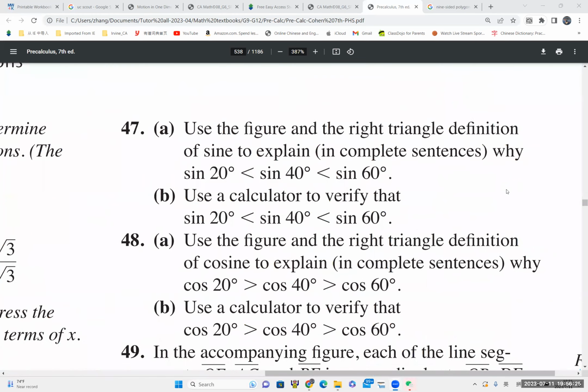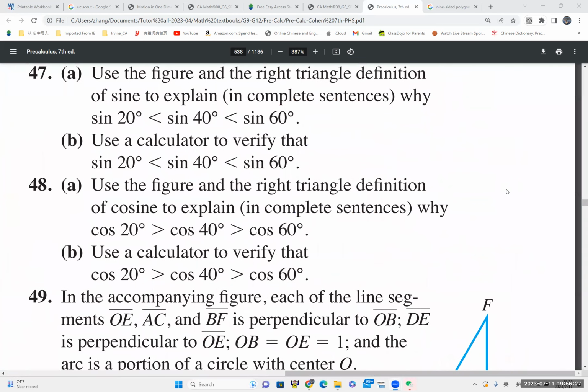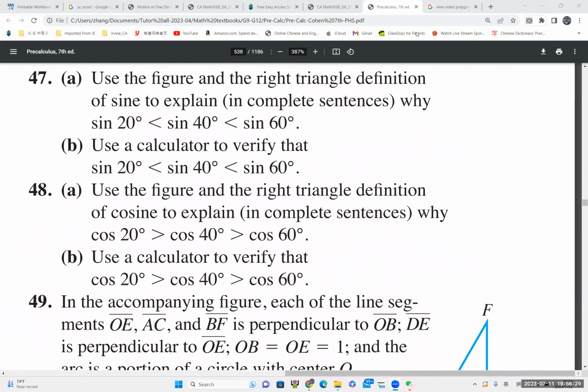How about let's try this, 47. Right triangle definition of sine to exponent.